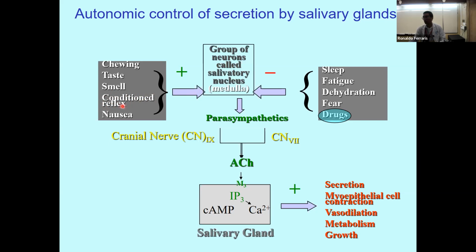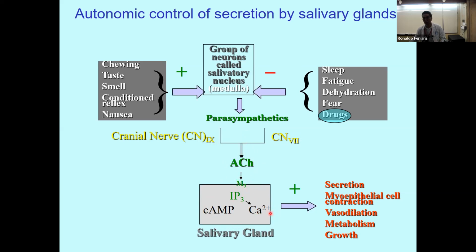It's a conditioned reflex. And so when you do that, then there's a group of neurons in your medulla called salivatory nucleus, nuclei for plural, and then they actually bring the parasympathetic signals via cranial nerve number 9 and number 7, and branches of these nerves would innervate the salivary gland, release acetylcholine, which binds to your muscarinic receptors, releasing inositol triphosphate and calcium.